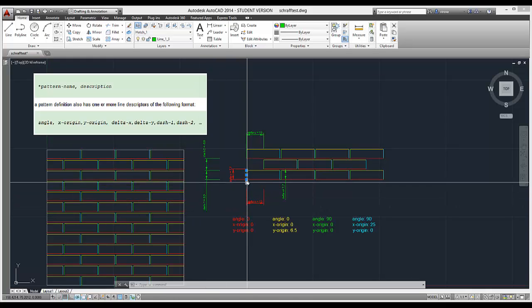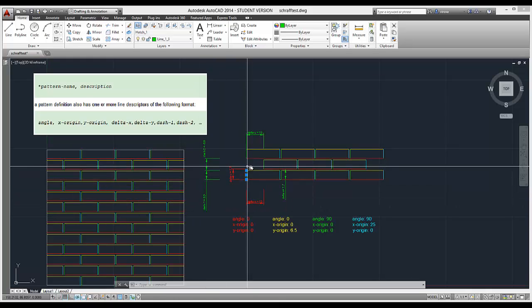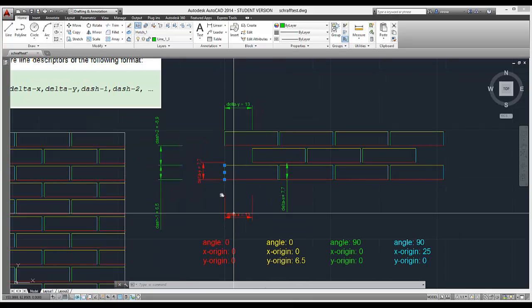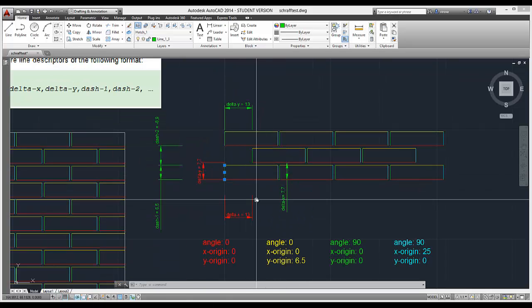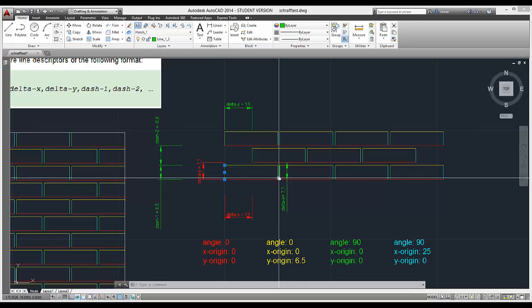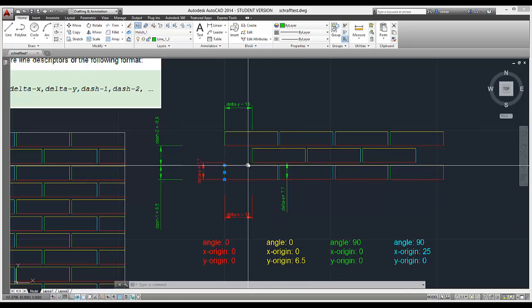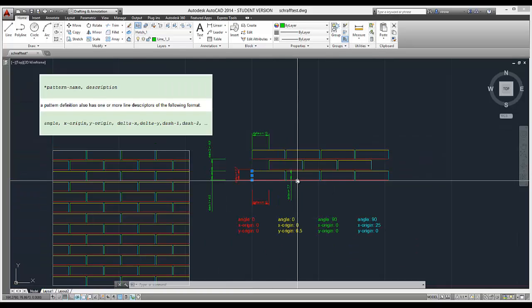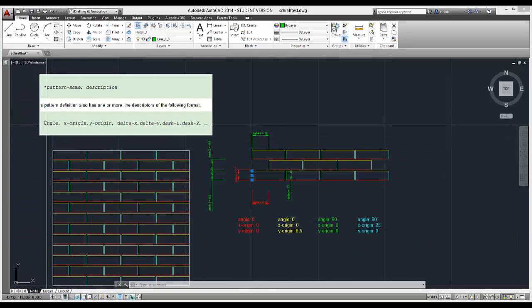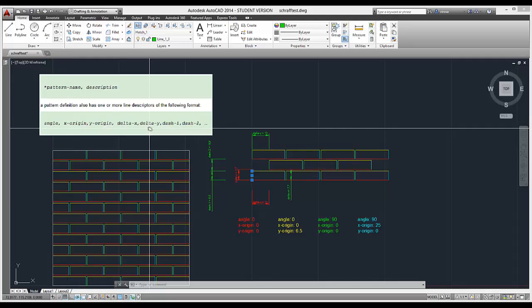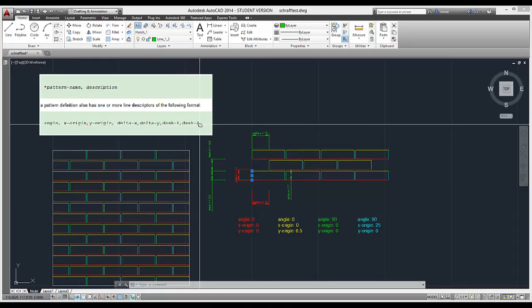So it's really easy to just make a little sketch or draw it as I did it. I drew it into AutoCAD and added dimensions. And once you've got that figured out, how you want to address the different lines you want to create, then it's really simple to just enter the values.